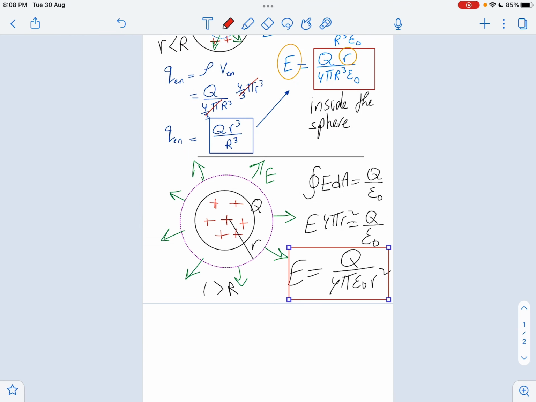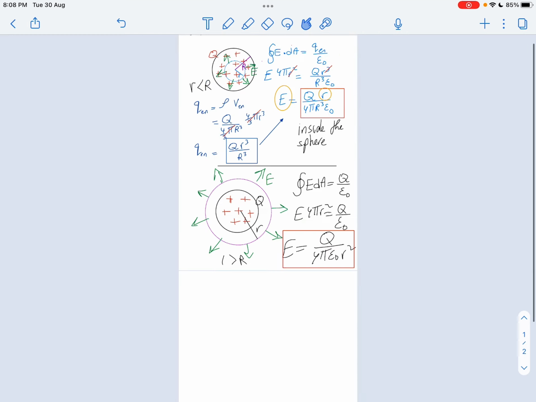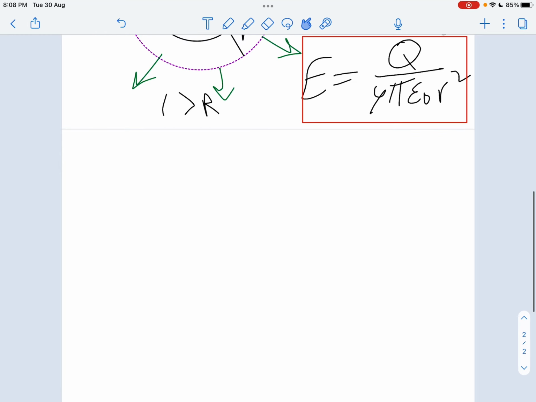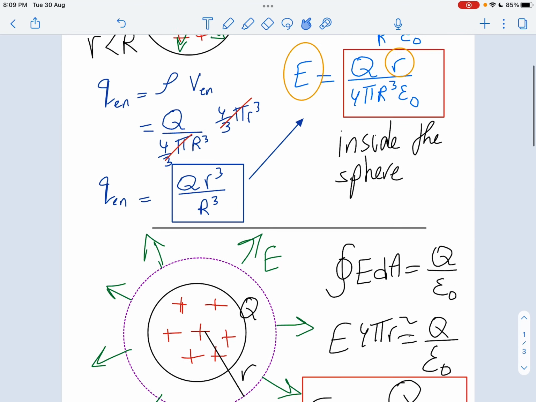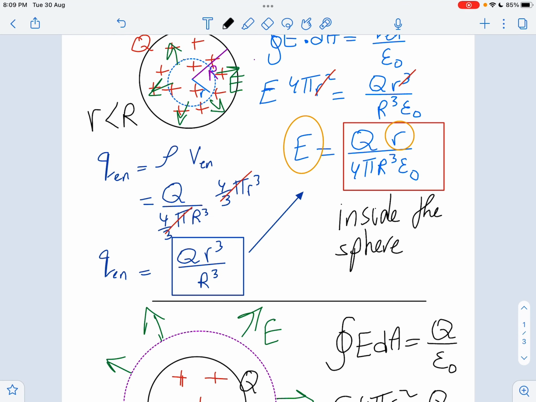If we want to plot the magnitude of the electric field versus r, so that's the electric field, and this is r, and this is the radius here, let's say 0, and here capital R. So for r smaller than R, the electric field is proportional to the distance.